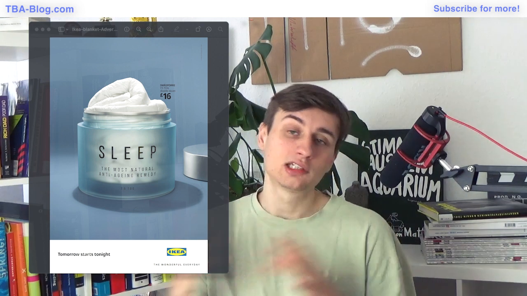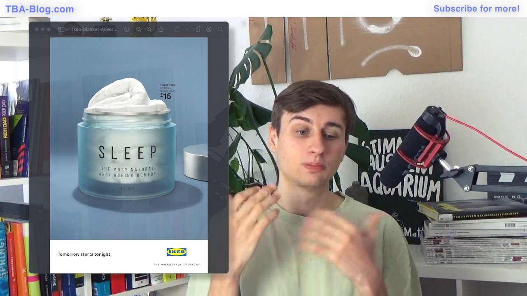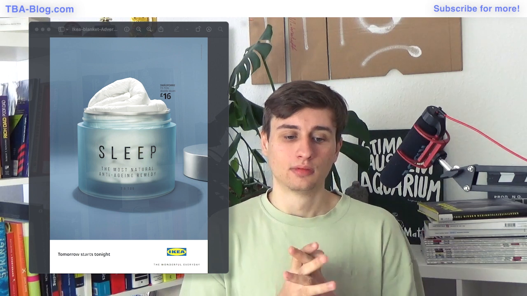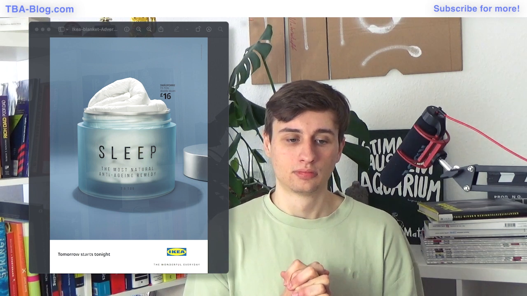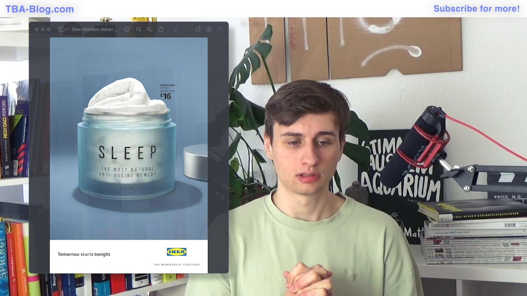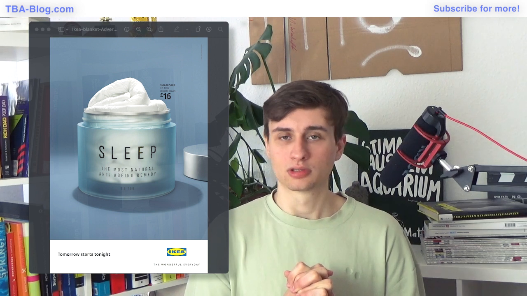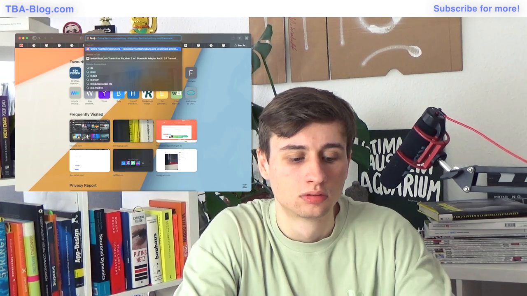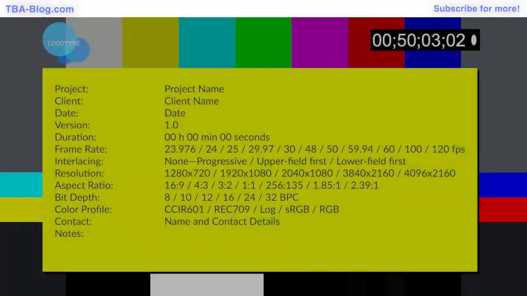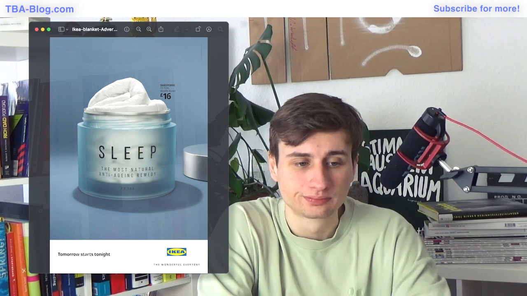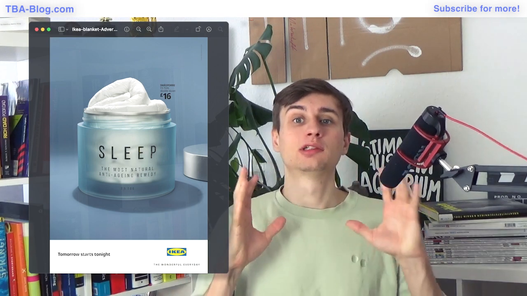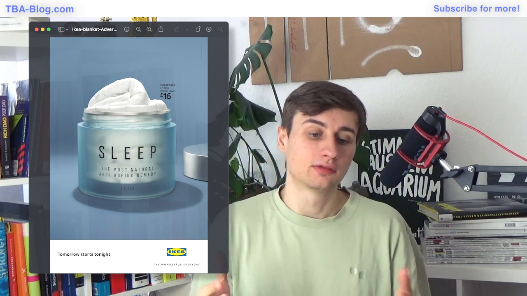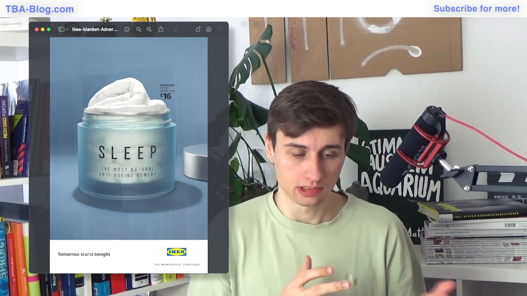Obviously, the creative operation here is replacement, so replacing the cream or whatever was in that bottle. So in this IKEA ad, we see skin cream or skin gel that is meant for anti-aging purposes.